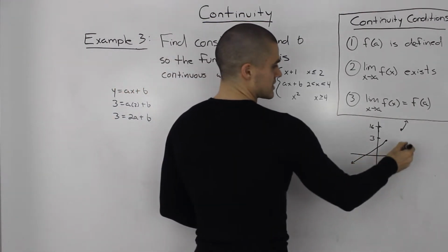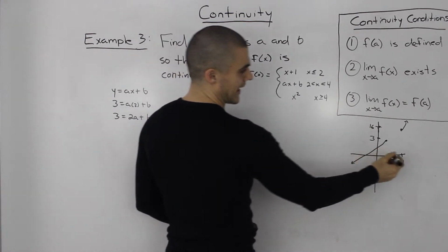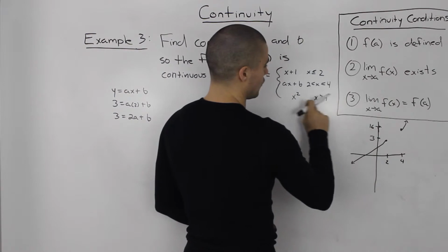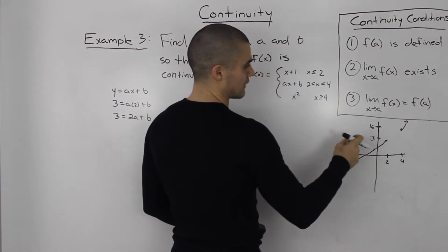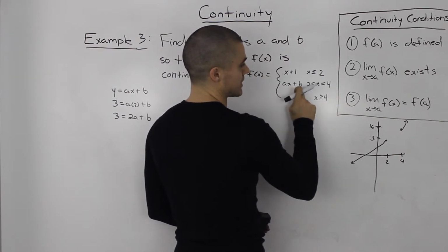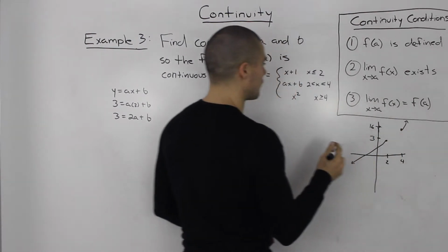Okay, so now moving on to the second part of this function. At an x value of 4, the y value of the third piece is 16. And for this function to be continuous, that means the second piece also has to have a y value of 16 at an x value of 4.